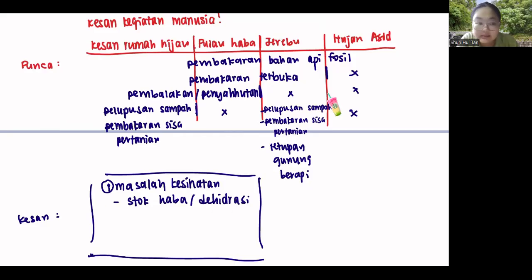For kesan rumah hijau and Pulau Haba, other than you will get sick. You get sick? Kesan rumah hijau and Pulau Haba, they won't menjejas quality air. Hujan asid will.